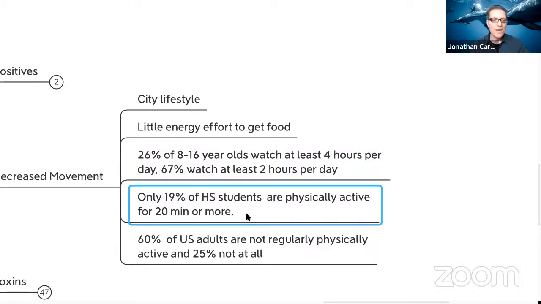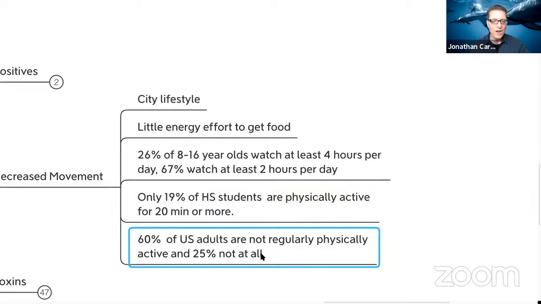Only 19% of high school students are physically active for 20 minutes or more per day. And 60% of US adults are not regularly physically active. And 25%, literally 1 in 4 people in the United States, are not active at all. No exercise, no nothing.